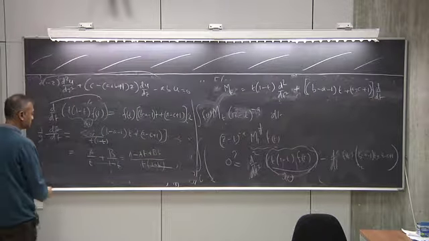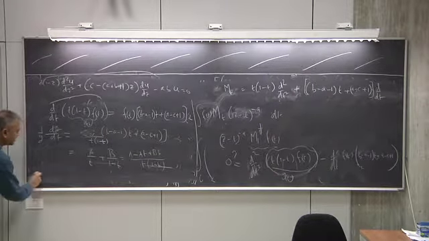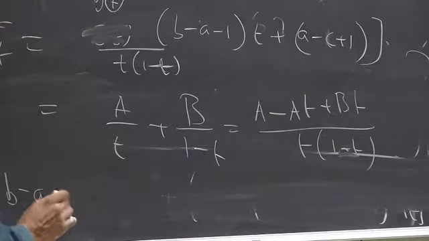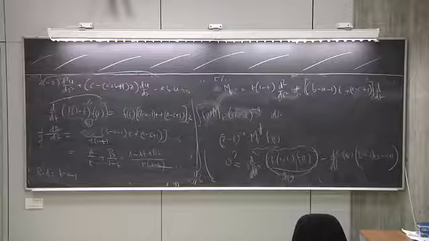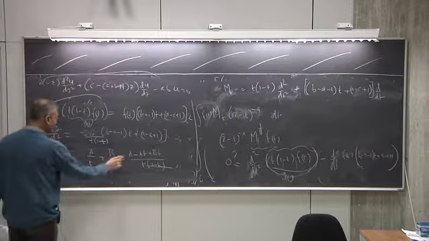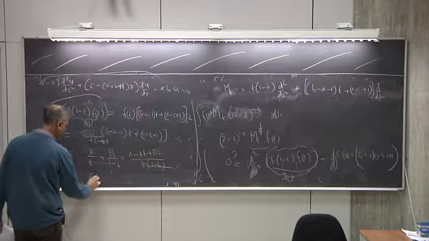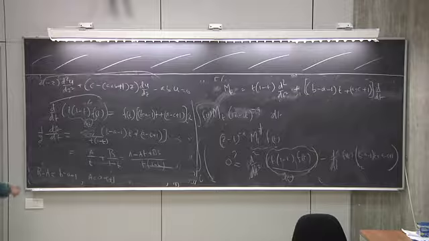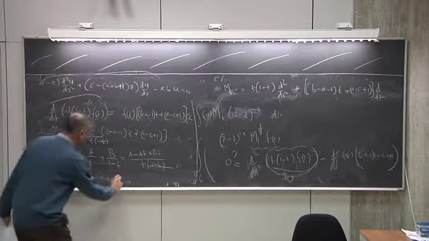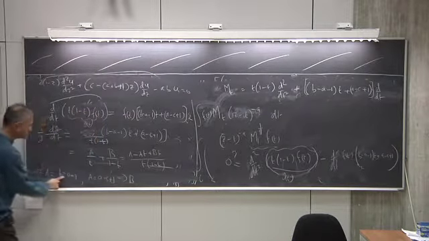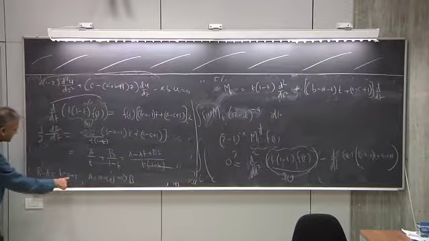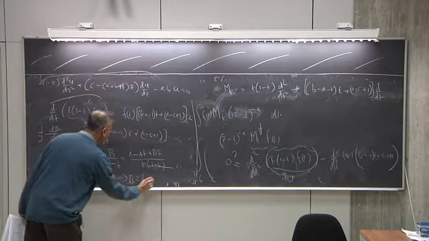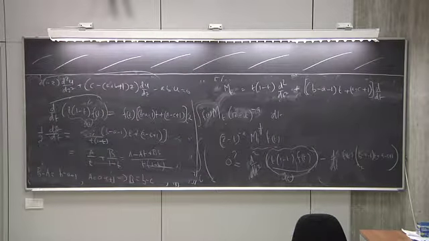Equating these two, you see that B minus A is equal to b minus a minus 1, and A is equal to a minus c plus 1. Therefore B equals this plus that, so a cancels, you get b minus c. So these are the two.